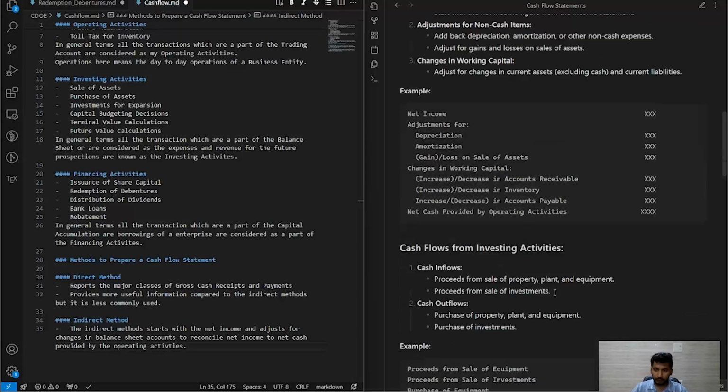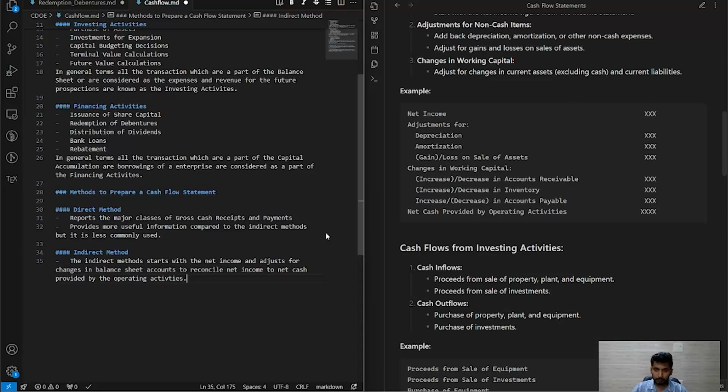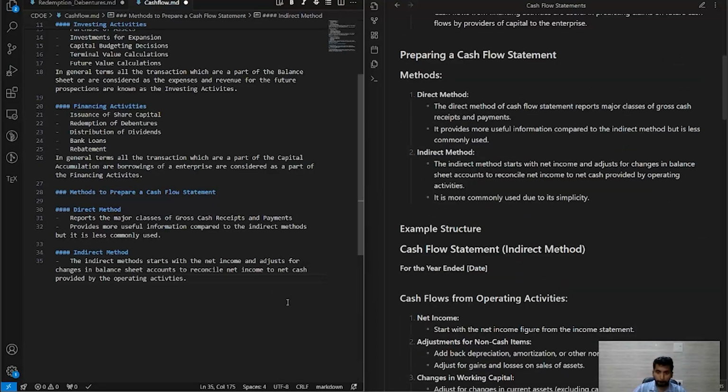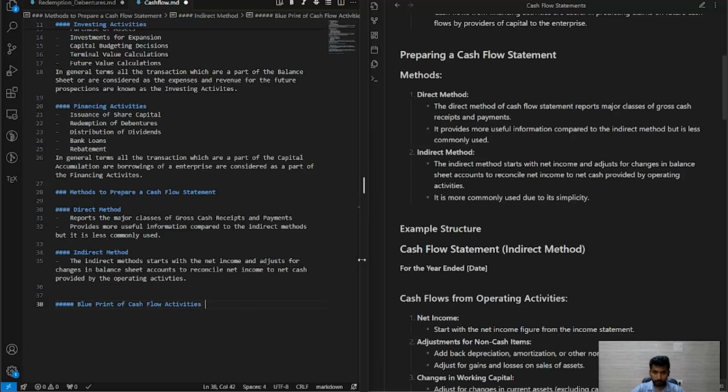Okay. So let us examine what the cash flow statement from operating activities looks like. Blueprint of it.